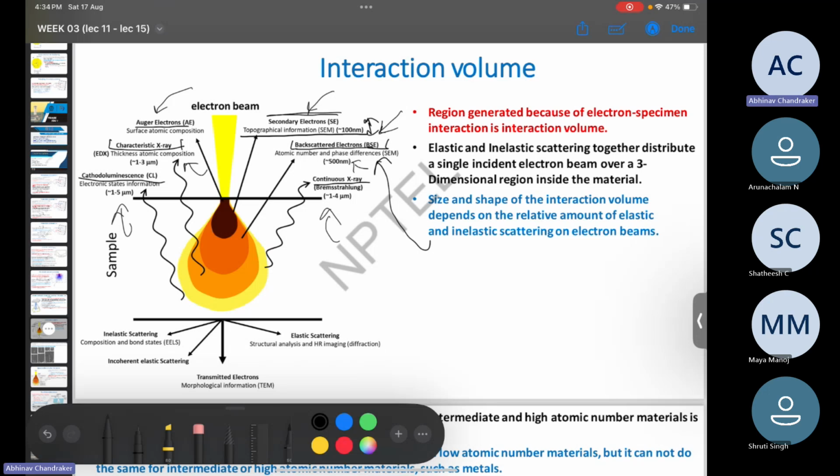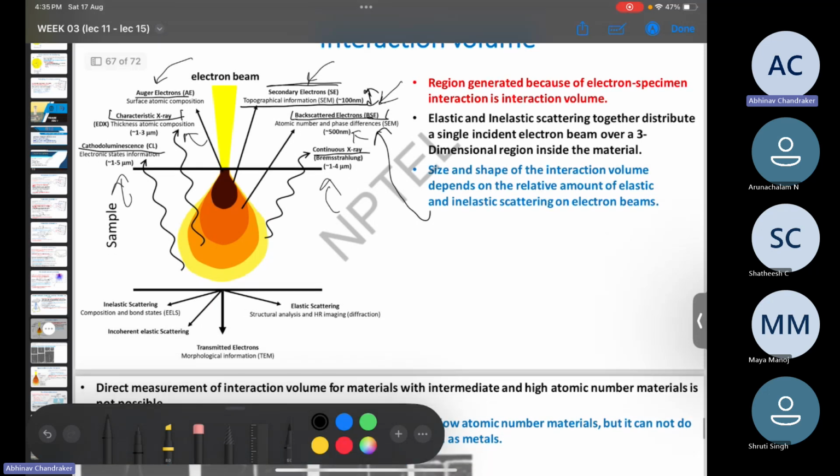The reason we call it elastic is because there is no change in energy after the scattering takes place.